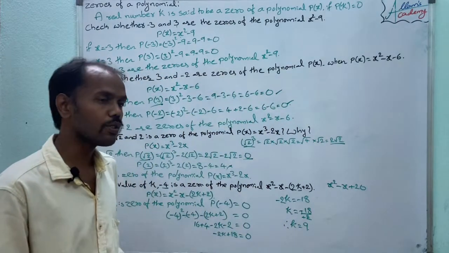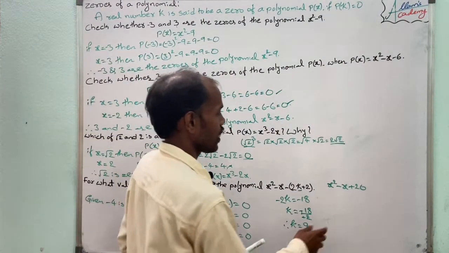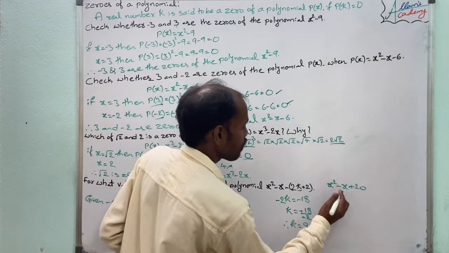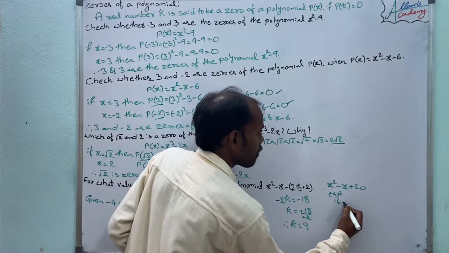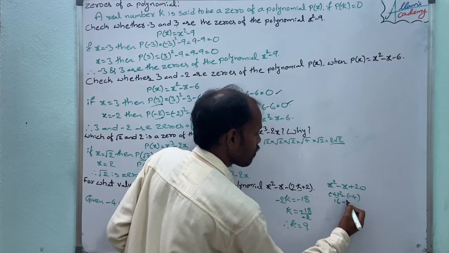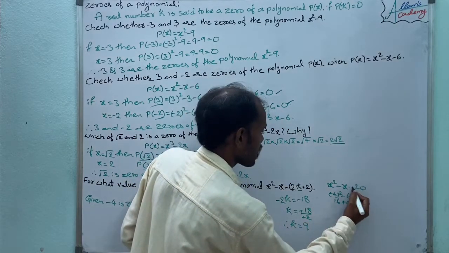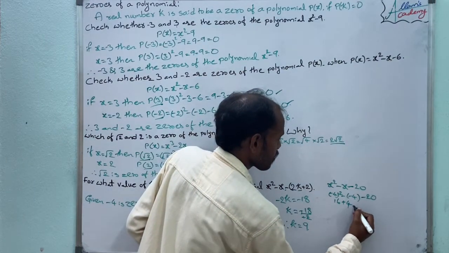Now this minus 4, we substitute in the place of x, to check whether it is a zero of the polynomial. So checking, minus 4 squared equals 16, minus half of minus 4, minus of minus 4 means plus 4. So here given minus 20, so minus 20.